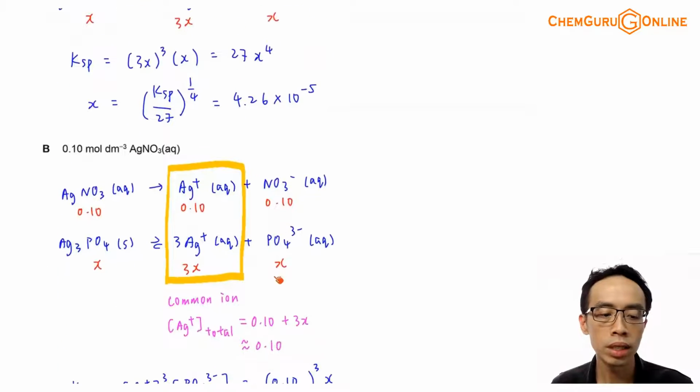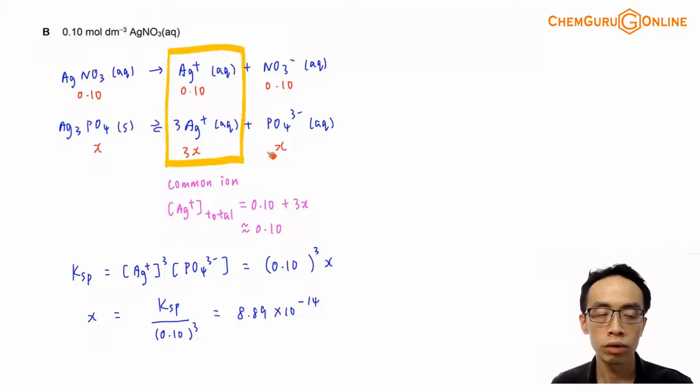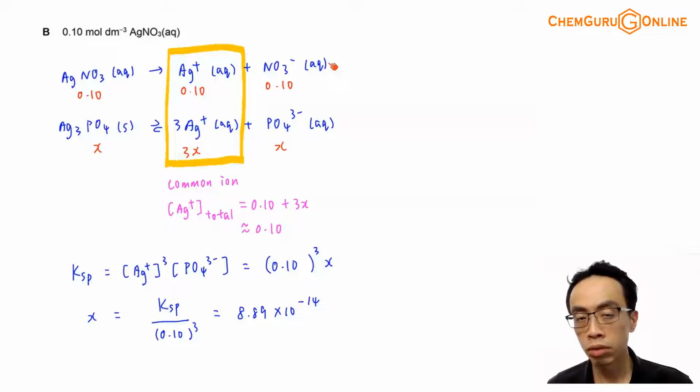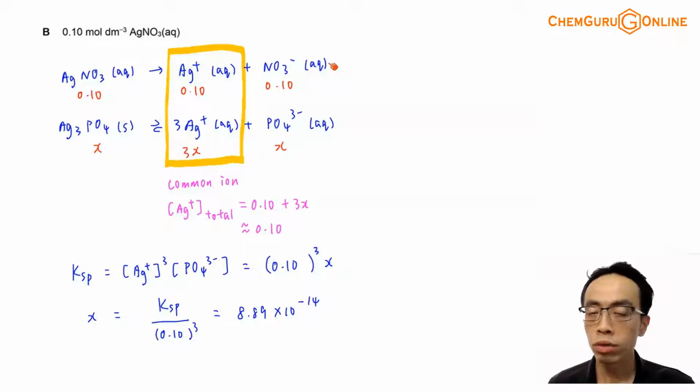Next, how about B? In B, we have 0.1 mole per dm cube of AgNO3. Now we notice that AgNO3 is a soluble salt, since nitrates are soluble, and it dissociates fully to give Ag+ and NO3-. And 0.1 concentration of AgNO3 will give 0.1 mole per dm cube Ag+ and 0.1 mole per dm cube NO3-.